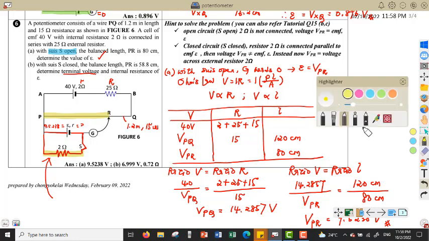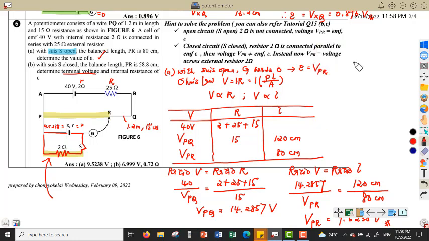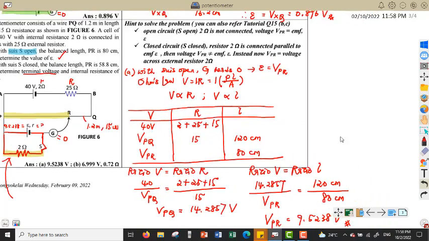Okay, so remember, when our switch is closed, when our battery below connect to an external resistance, when G reaches 0, at that time the balance length will equal to the terminal voltage, the voltage across the external resistor. Alright, so we write it down here.